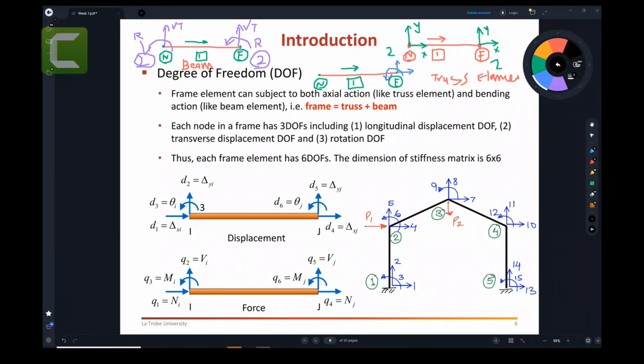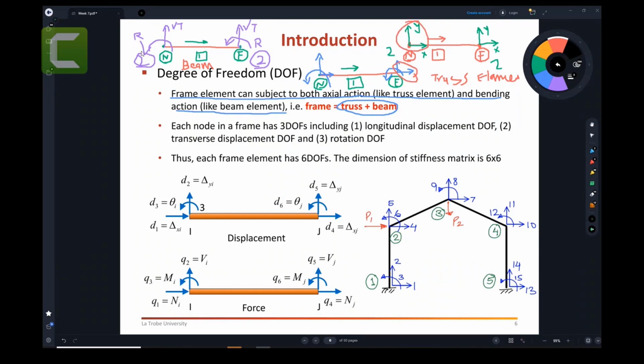So it has 3 degrees of freedom at each point: horizontal translation, vertical translation, and rotation. The frame element can be subject to both axial actions like a truss element and bending actions like a beam element. So it's basically a combination of truss and beam. You can see this in these figures.